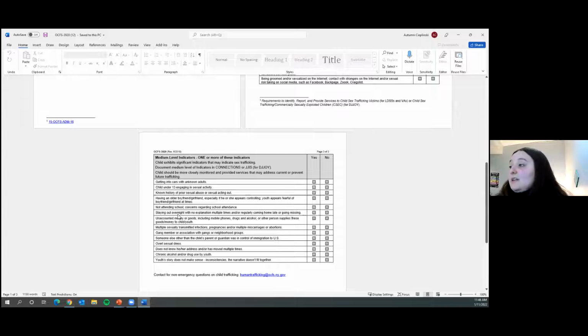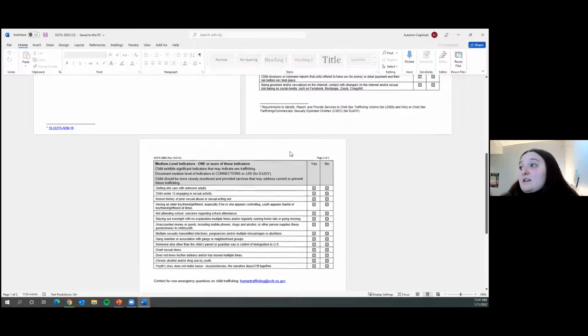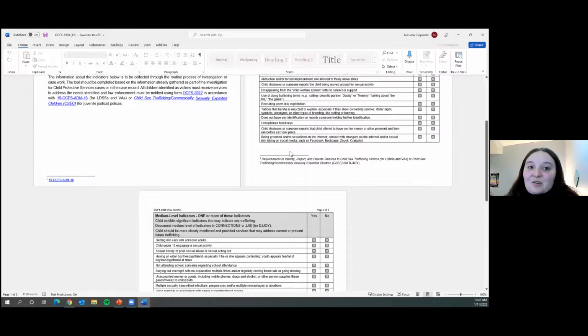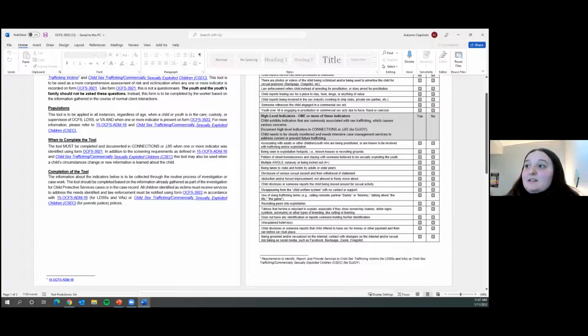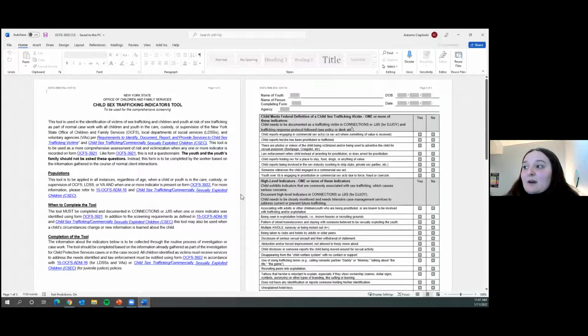Staying out overnight with no explanation multiple times, unaccounted goods or money, multiple sexually transmitted infections, pregnancies, abortions, miscarriages, gang membership or association with gangs, overt sexual dress, they don't know their address or they've moved multiple times, alcohol or drug use by the youth, or their story just does not make sense. So there's a lot of things that you could potentially select yes or no to based on what you selected in the rapid indicator tool.